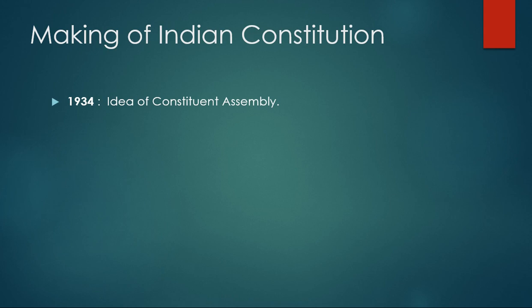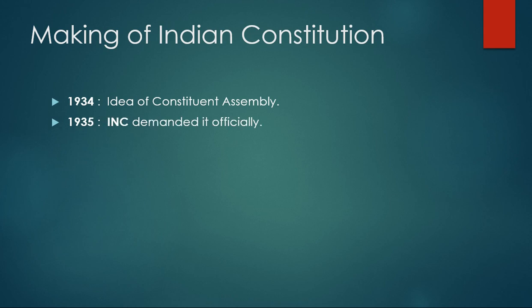All the members who are responsible for writing or drafting the Constitution of India are called the Constituent Assembly. This idea emerged first in 1934, and it was given by M.N. Roy.